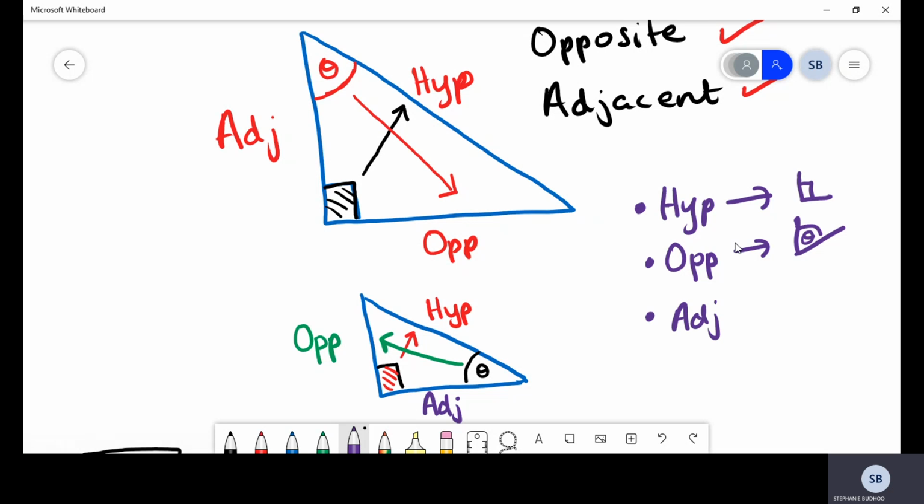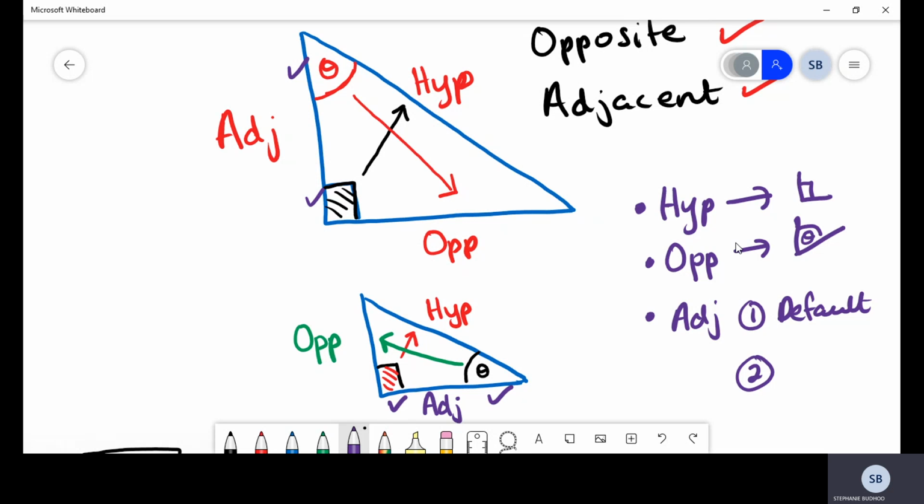So 1, you can find your adjacent by default because it will be the only side that has not yet been named. Or, if you observe, in the first triangle, your adjacent is that line that has your angle theta as well as your right angle. Similarly, in diagram number 2, your adjacent has your right angle and your theta.